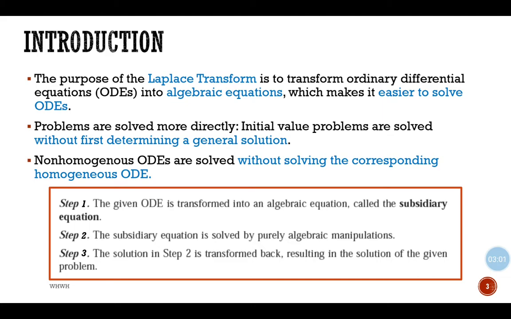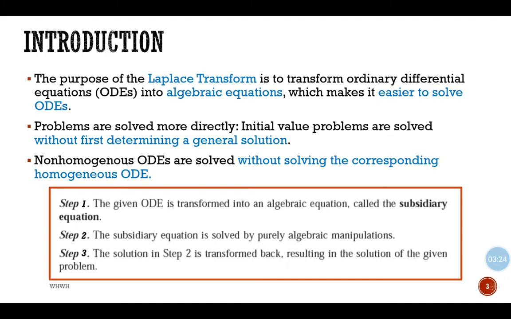Okay, makna katanya kenapa you have to learn Laplace transform? Because Laplace transform will offer you an alternative solution, ataupun there's another type of solution untuk solve ordinary differential equation.